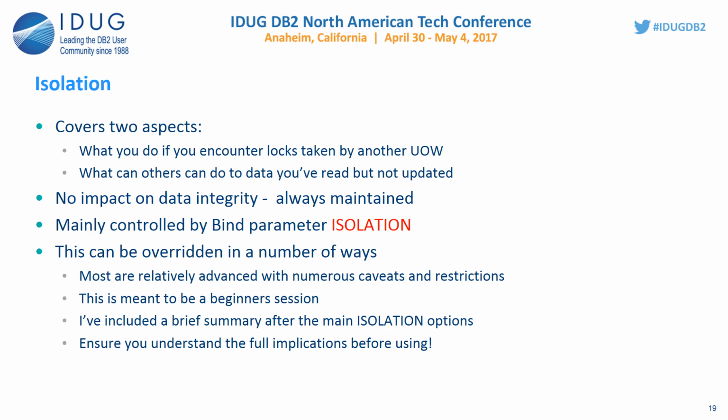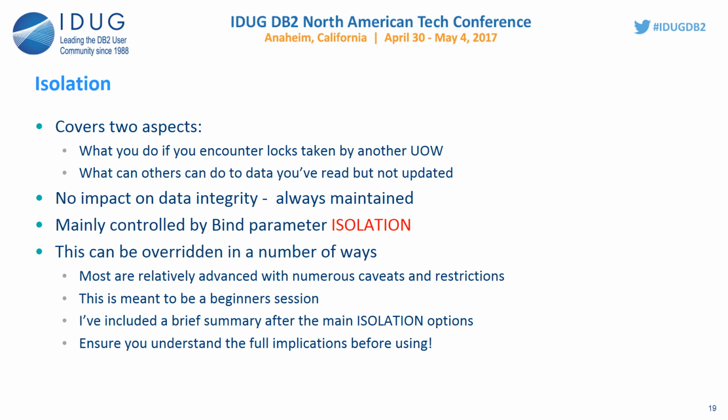And the last of the four major features is isolation. Now, isolation covers two aspects. It's what do you do if you come across a lock held by somebody else? And it's what are other people allowed to do if they come across a lock held by you?